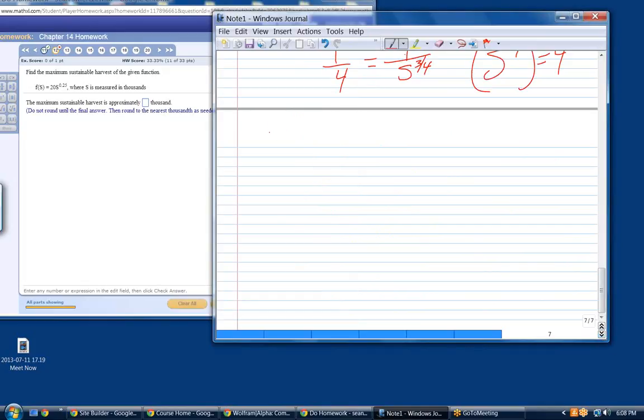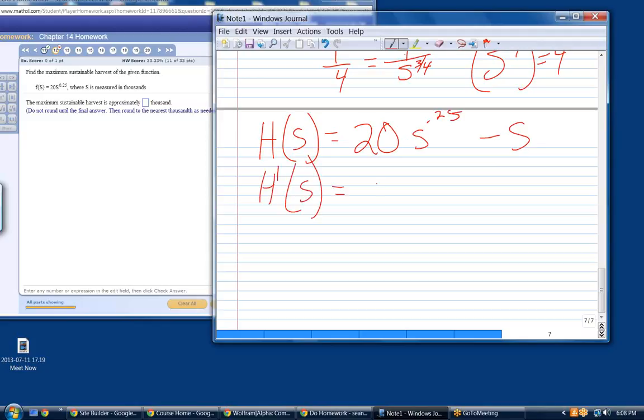Okay. So the harvest function, the derivative of the harvest function is 5.